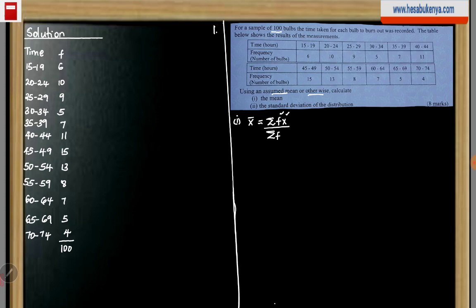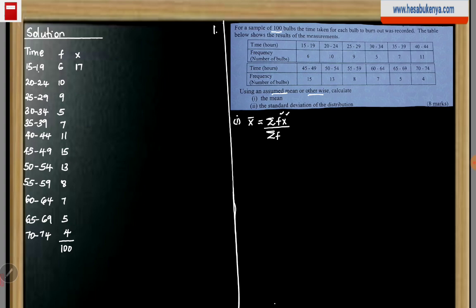Now to get that, we need to get x, which represents the midpoint of every class. So to get the midpoint, we take 15 plus 19, then we divide by 2. So 15 plus 19 divided by 2 gives us 17.